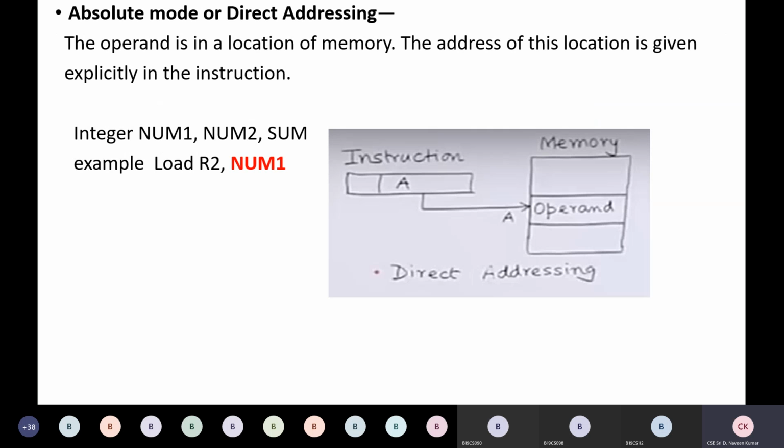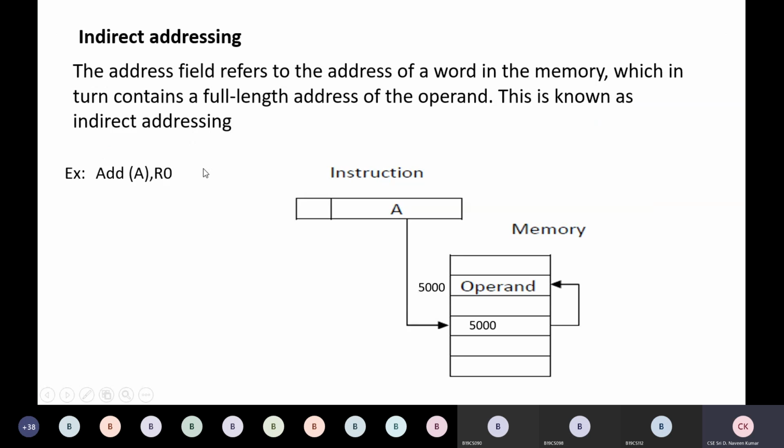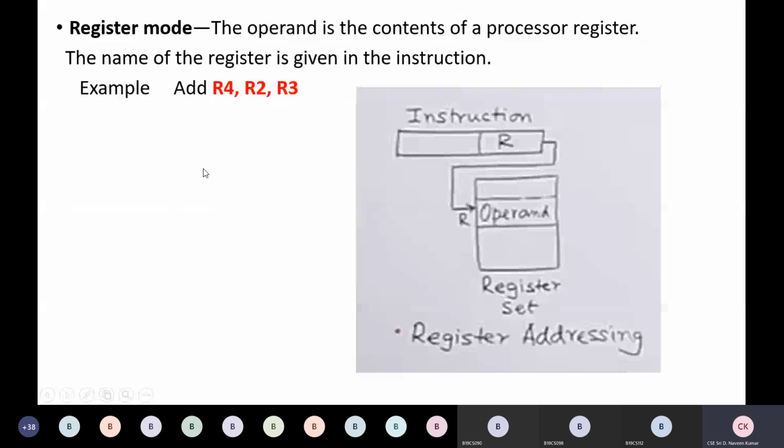So we'll see what register mode is. You can see an example here: add R4, R2, R3.